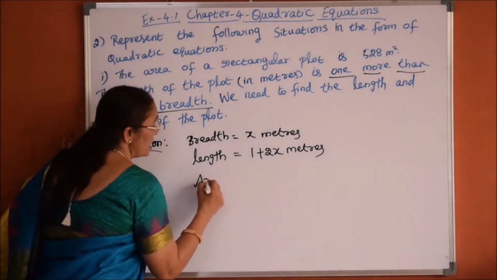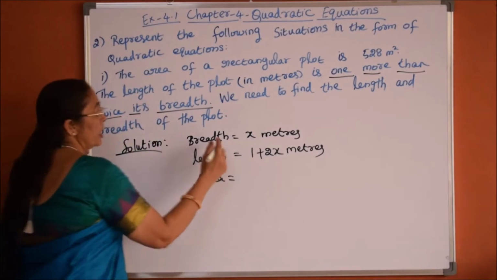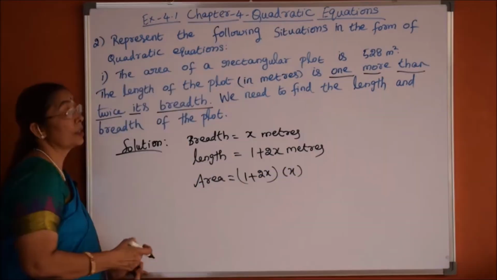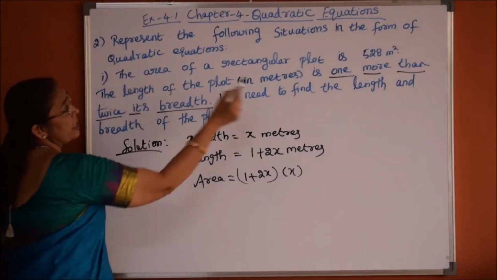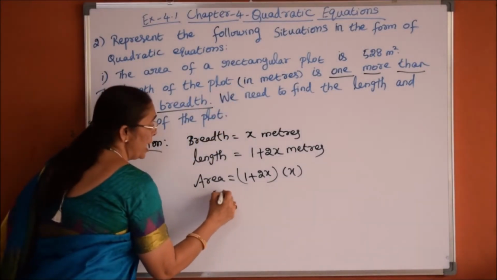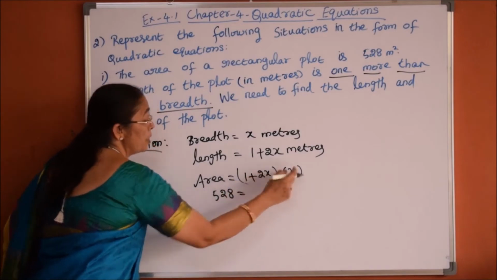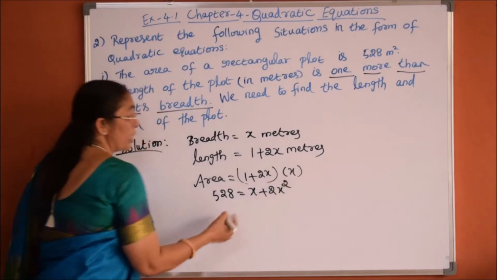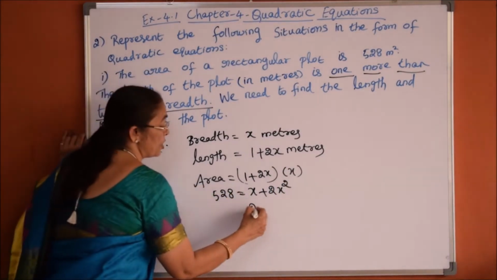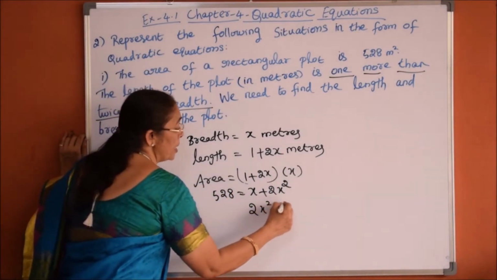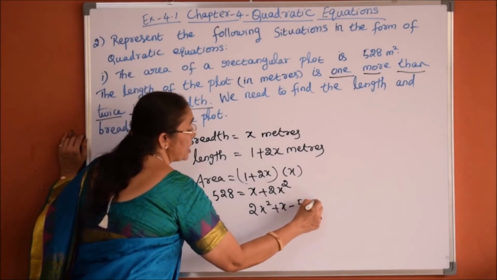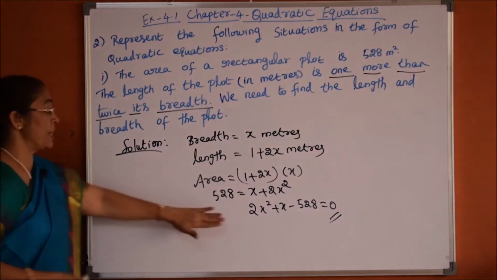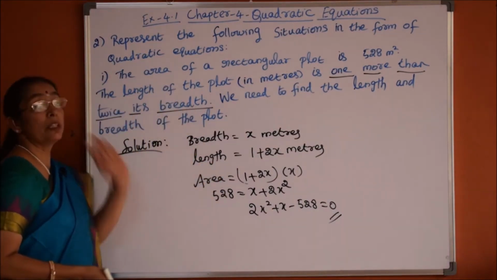So, area is equal to (1 plus 2x) into x. Now the area is given as 528. So, 528 is equal to 1 into x, x, 2x into x, 2x². Writing in the general form of a quadratic equation, this is 2x² plus x minus 528 equal to 0. So, this is the quadratic equation which represents the given situation.